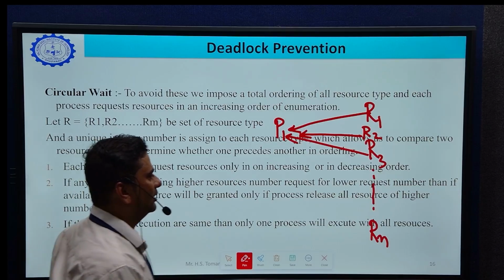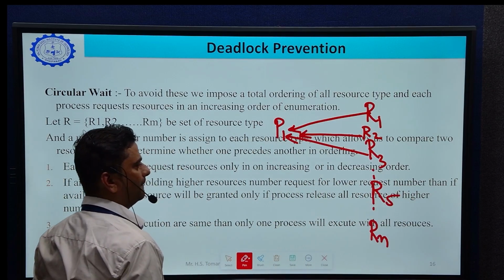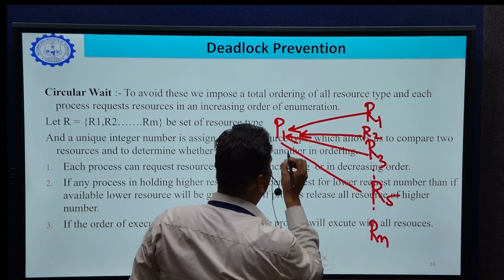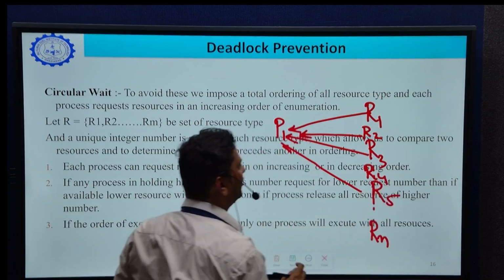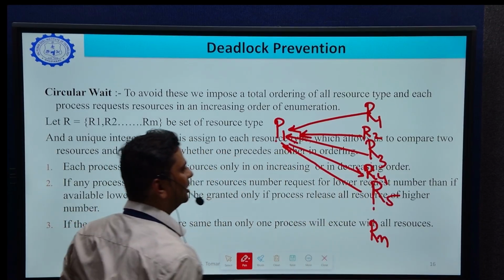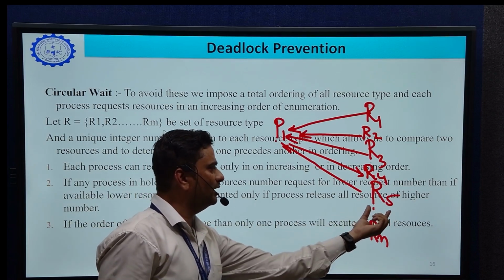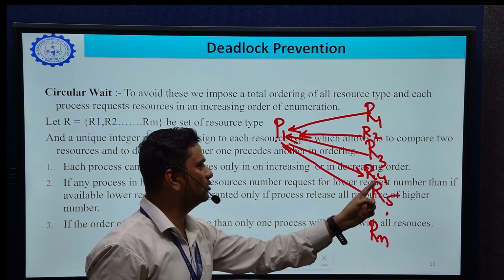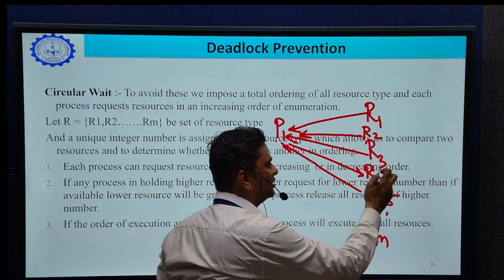Now R5 is also given. Now here a new resource, that is R4, is being requested by this process, the arrow is toward this request. In that case it is already holding the resources R1, R2, R3 and R5 and now wants to make a fresh request for R4.